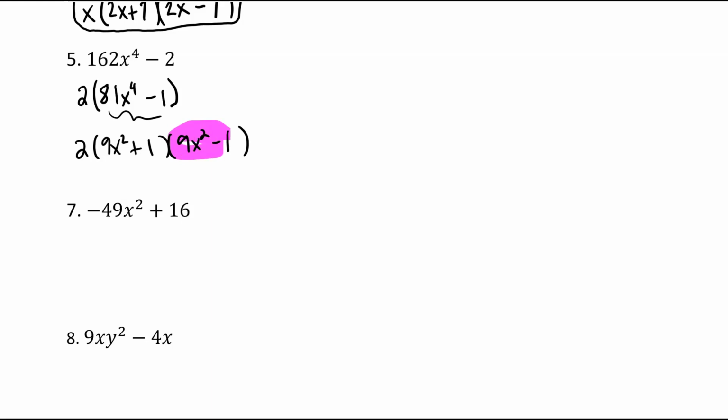However, 9x squared minus 1 is also a difference of squares. So really we have 2 times 9x squared plus 1 times 3x plus 1 times 3x minus 1.